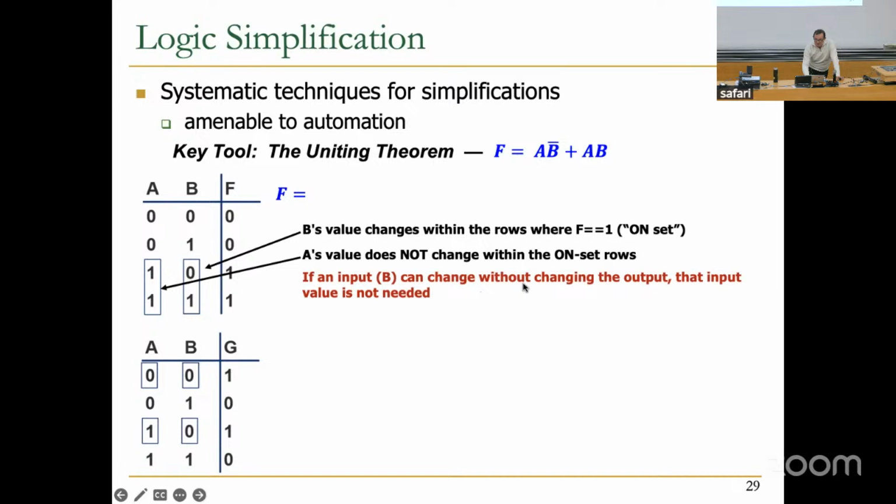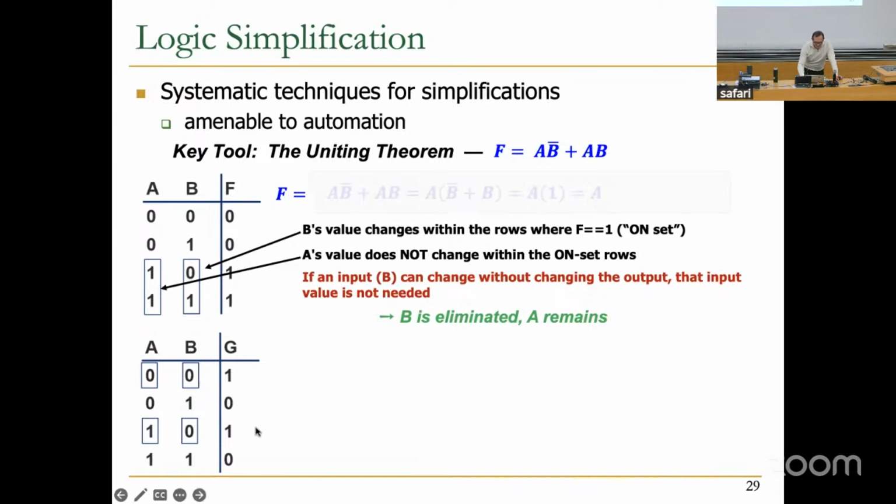If an input can change without changing the output, that input value is not needed. So B is eliminated, A remains. This says F's value doesn't depend on B. Makes sense, right? Whether B is 0 or 1, which are the only 2 possible values in our algebra, the output is always 1. So I don't care about B.